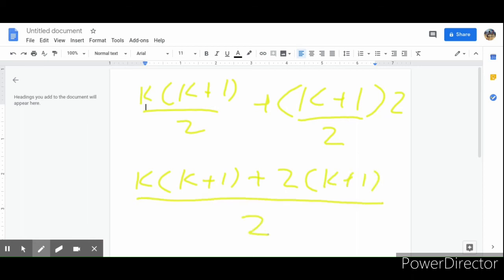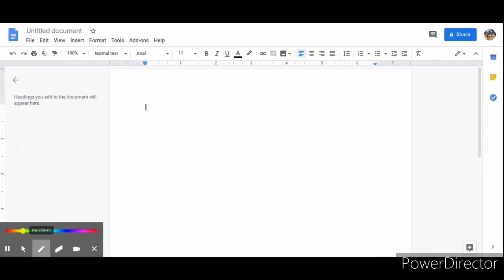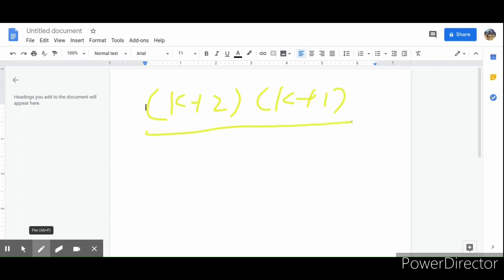If you look closely, this is just a distributed version of k plus 2 times k plus 1. So we can write it as equivalent to k plus 2 times k plus 1, over 2, because the other answer was just the distributed version of this: k times k plus 1 plus 2 times k plus 1.